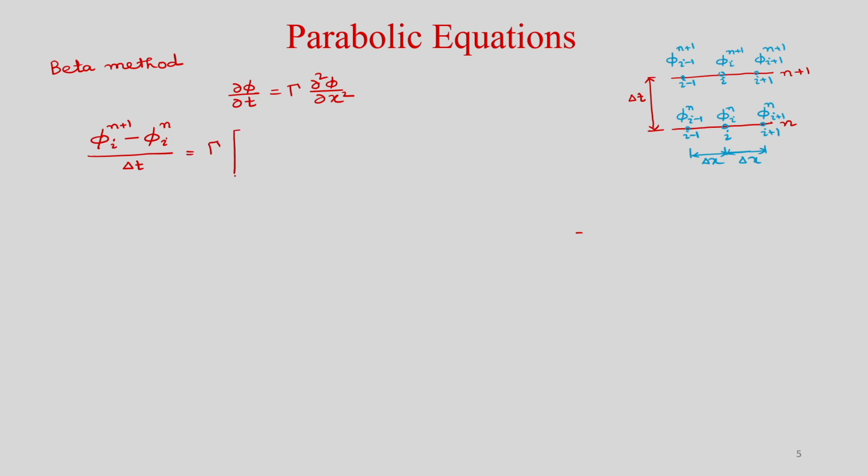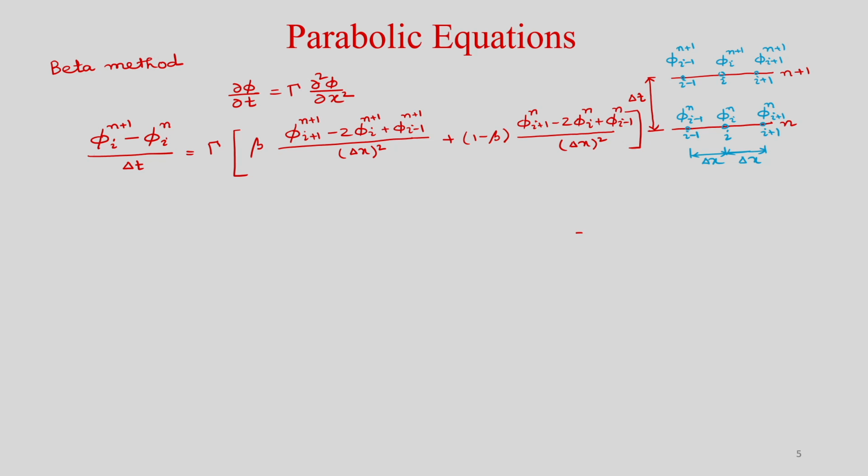Diffusion coefficient gamma, then we take a factor beta times the implicit discretization of the spatial derivative, phi I plus 1 minus 2 phi I plus phi I minus 1 divided by delta x square, at n plus 1 time level, and the remaining 1 minus beta we take at the nth time level: phi I plus 1 minus 2 phi I plus phi I minus 1 over delta x square.